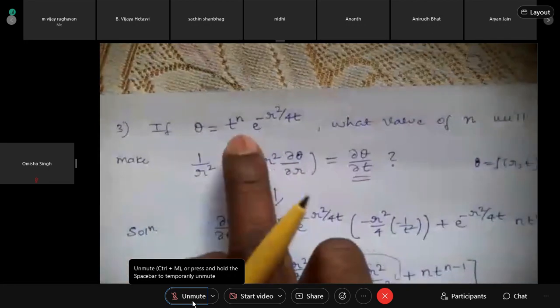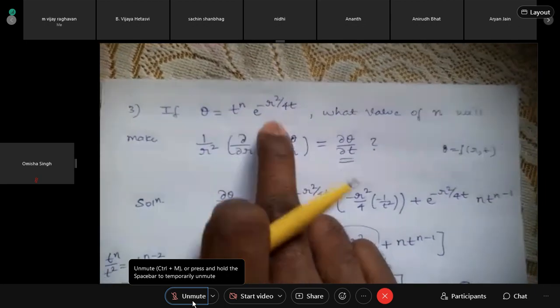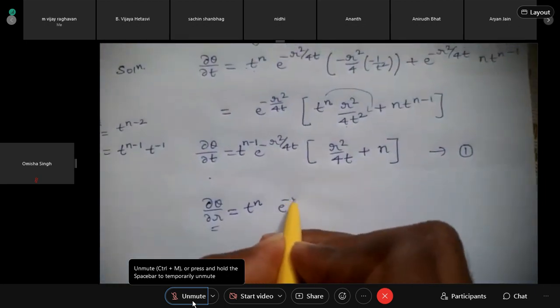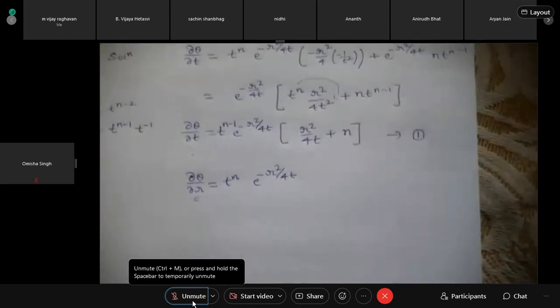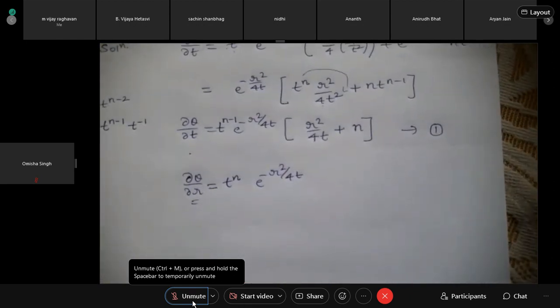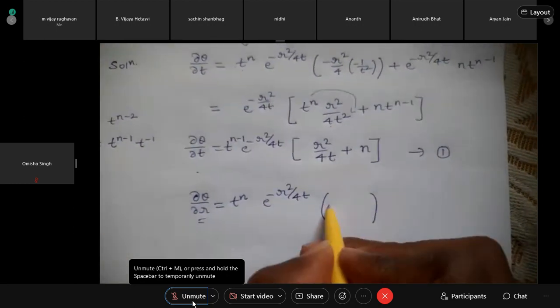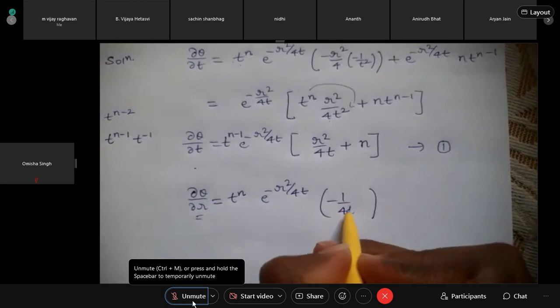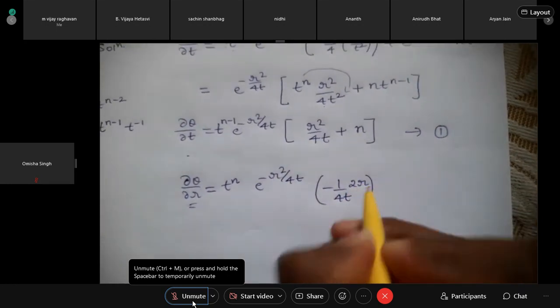Now here I will go to the differentiation of theta with respect to r, where t power n is treated as constant. Differentiation of e power minus r square by 4t is e power minus r square by 4t only, but differentiation of that interior term will give us some term. What is that? Minus 1 by 4t should be treated as constant, and differentiation of r square will become 2r.